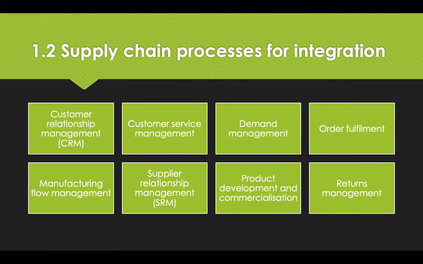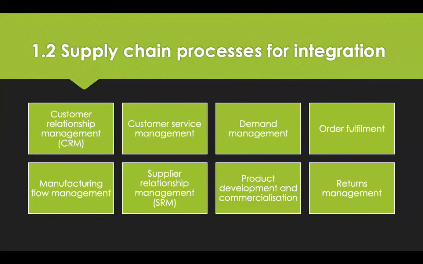Customer service management is about providing information to customers such as product availability, shipping dates and other order statuses, and monitoring and reporting on customer service performance. And then demand management, sharing point of sale, new market, production and forecast information. Order fulfillment is about determining order sizes, distribution plans, communication network requirements.